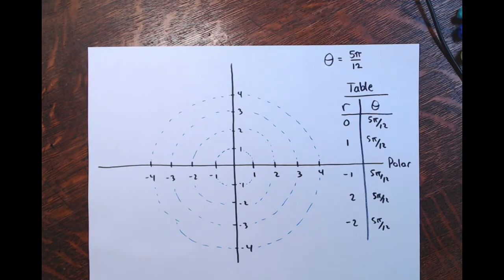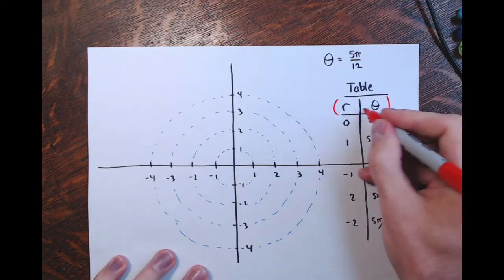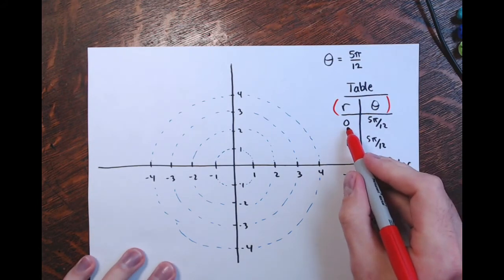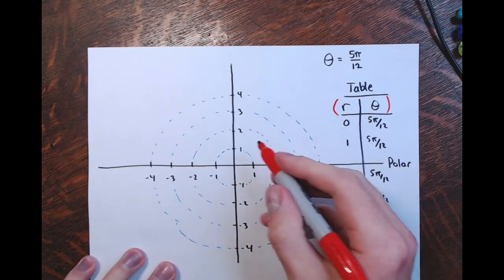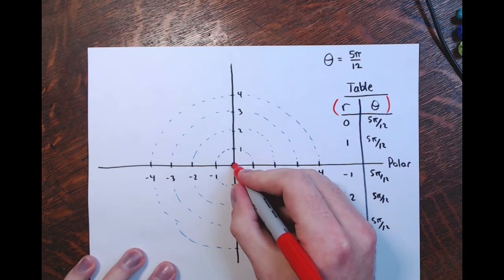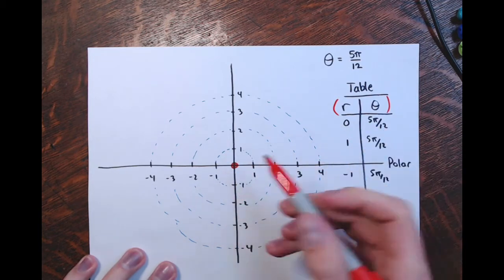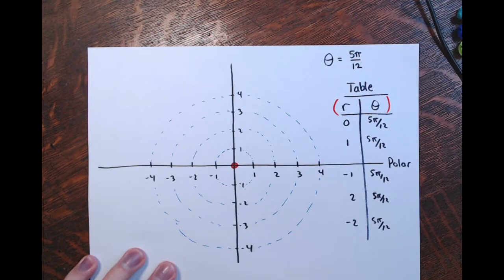So let's take a look at where those points are. Remember how to plot points. We're doing ordered pairs of r comma theta. Anytime r is 0, you are at the pole. So that's this point here: 0 comma 5 pi over 12 is at the pole.